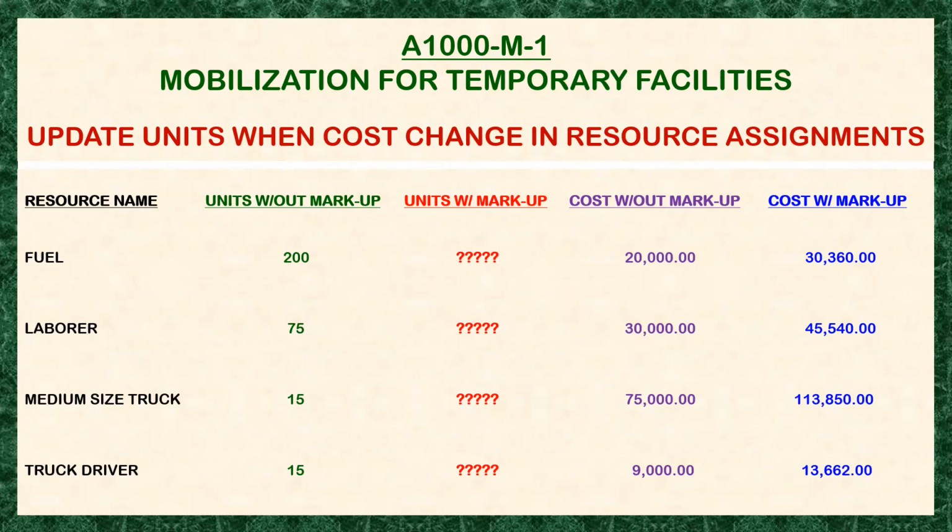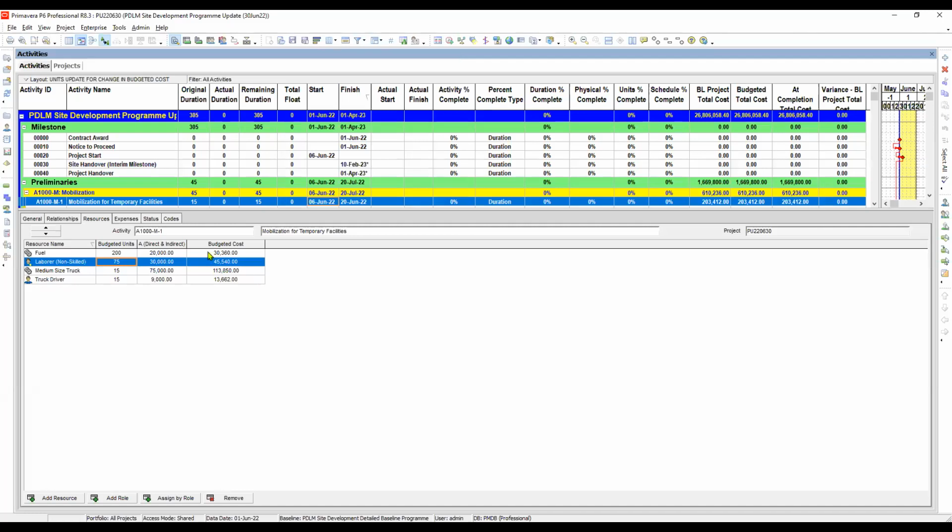Okay, let's do it. Okay, let's get back to Primavera. So try to remember this one, because once we run it later, this budgeted units will increase, of course, because the budgeted cost increases from the original which has no markup.